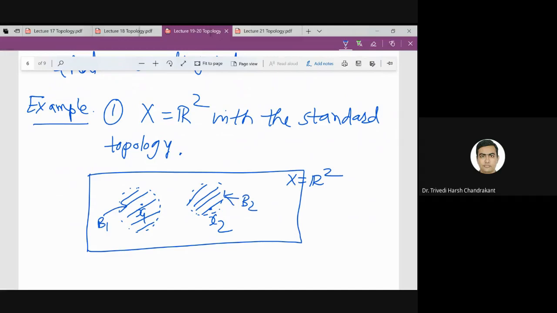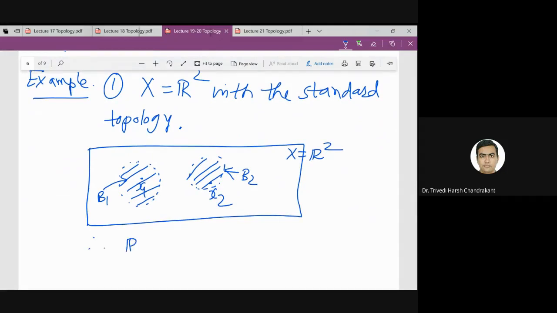This is possible in R2, so therefore R2 is a Hausdorff space. In fact, you can find the radius by looking at the distance between x1 and x2, and take half of it: one disk around x1 and one disk around x2 with radius half the distance. That will work. So this is a Hausdorff space.